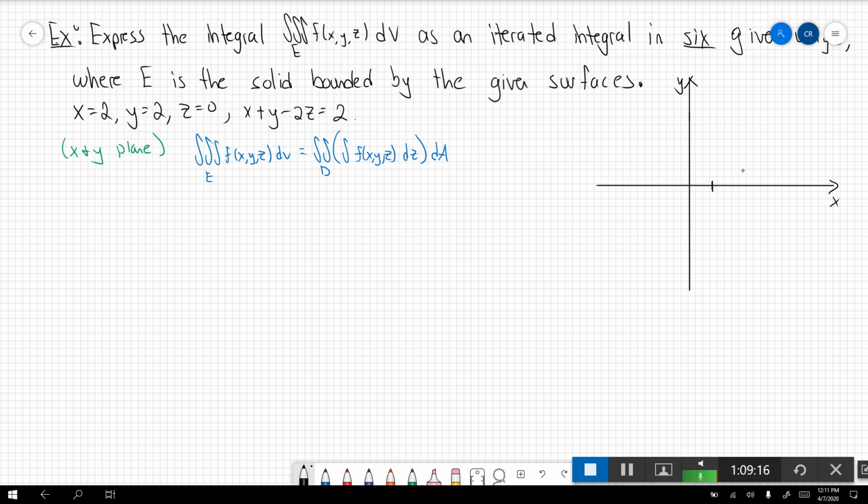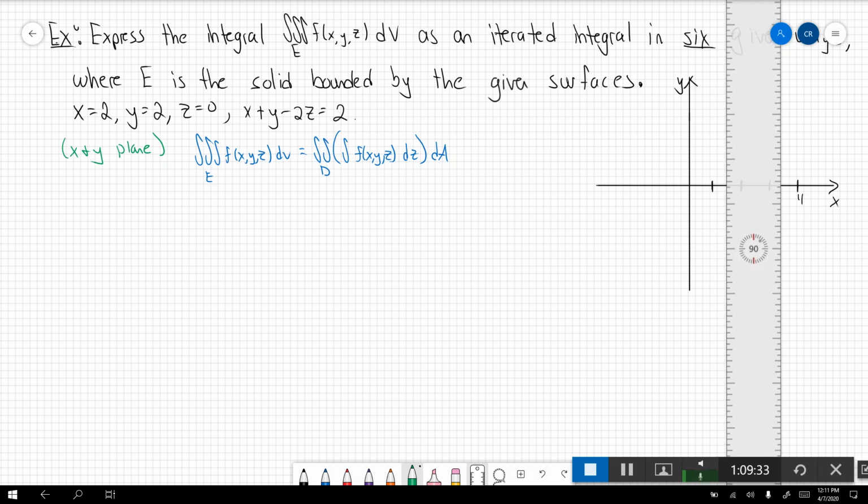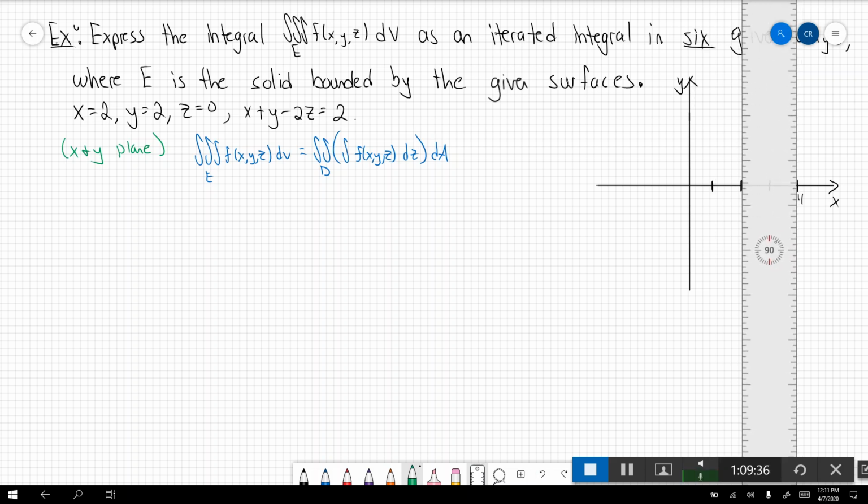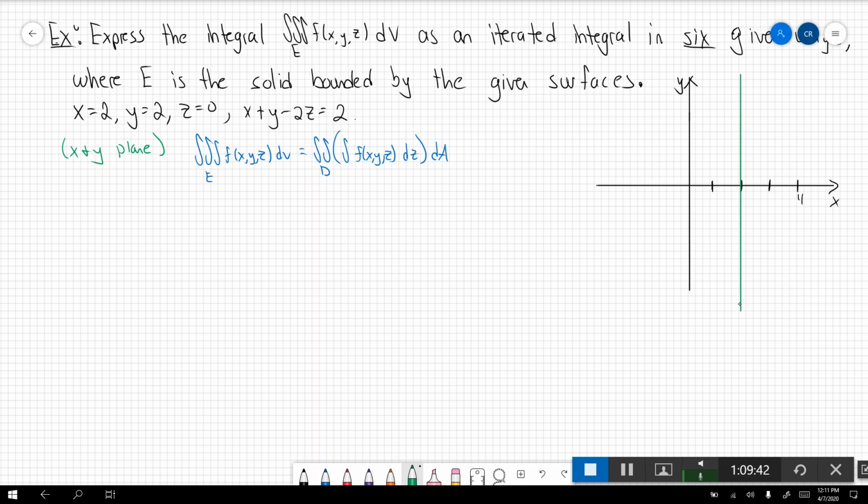This is going to be 1, that's 2, that's 3, that's 4. So x is equal to 2. Here's x is equal to 2. Wow, that is horrible. Let's get my ruler out. There we go. So here's x is equal to 2. Nice. That was the first one given.